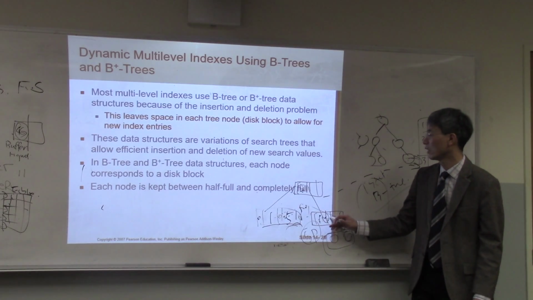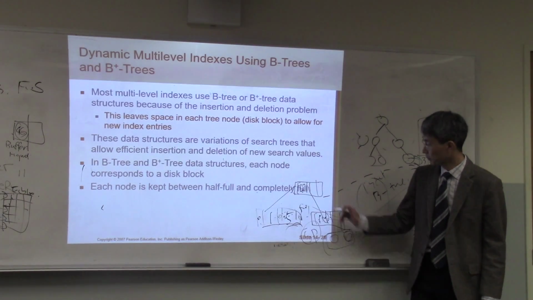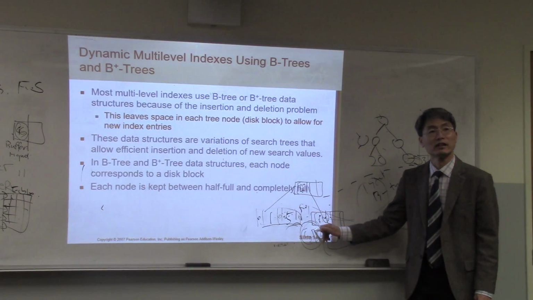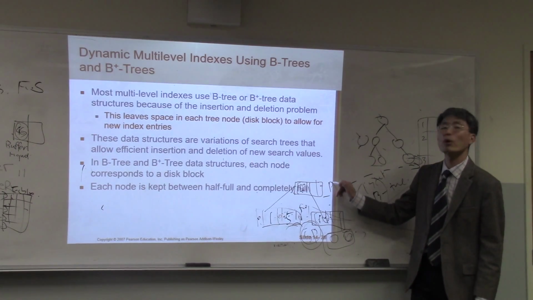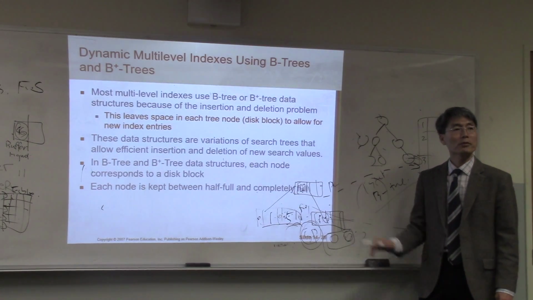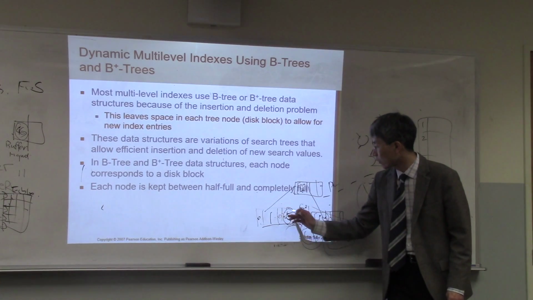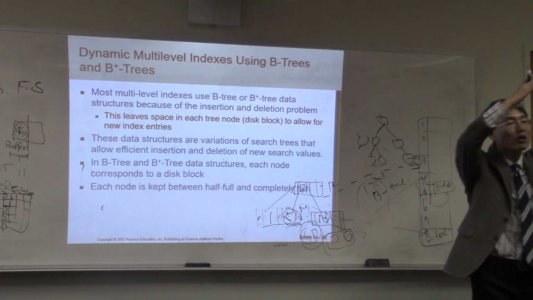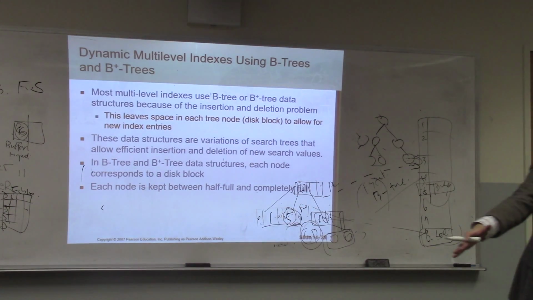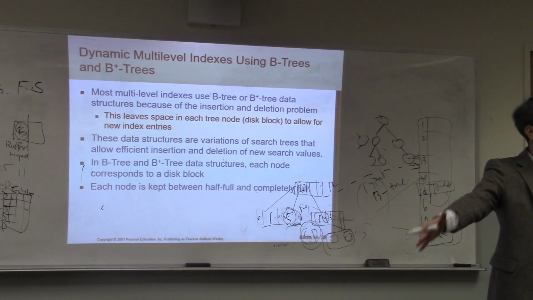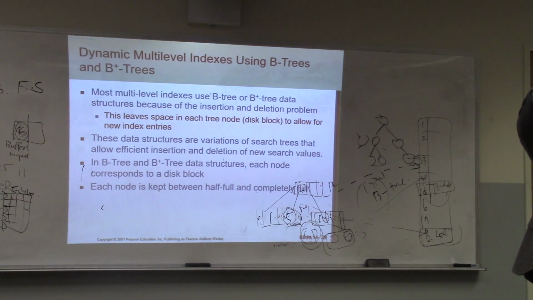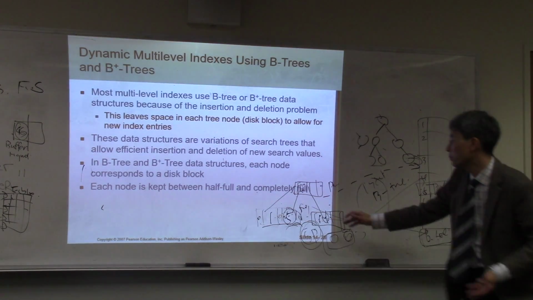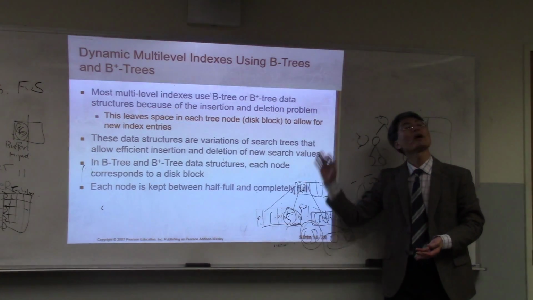So 2 and 1. This is called the split. And this one is called promotion. Promotion means the middle value will be used as the key to separate the data. So exactly opposite of the tree. In a tree, you make the children node. But here in B-tree, you make the parent node.